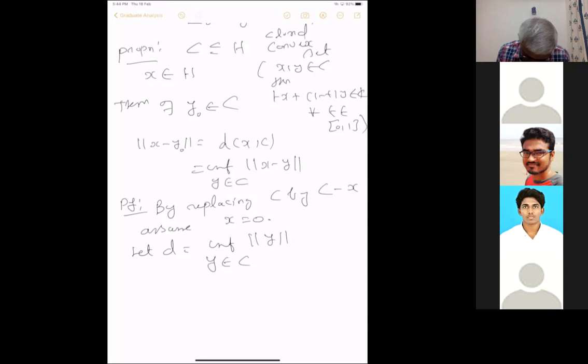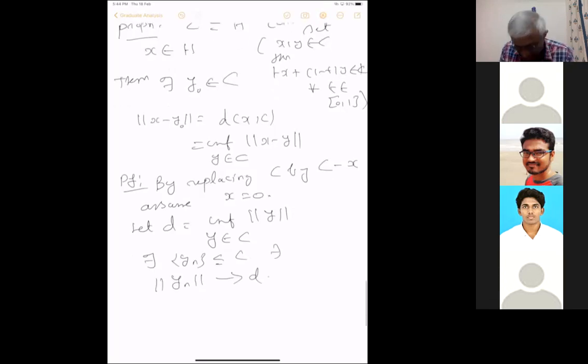Then there exists a sequence yn contained in C such that norm yn converges to d. If you don't assume x equal to 0, then yn minus x, all those things we have to consider. This is simpler, so that's why we are replacing C by C minus x. This norm yn will decrease to d. In particular, it converges to d.